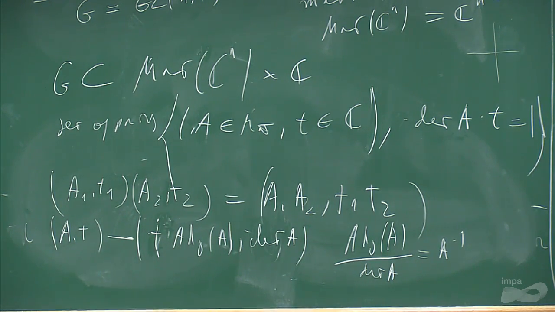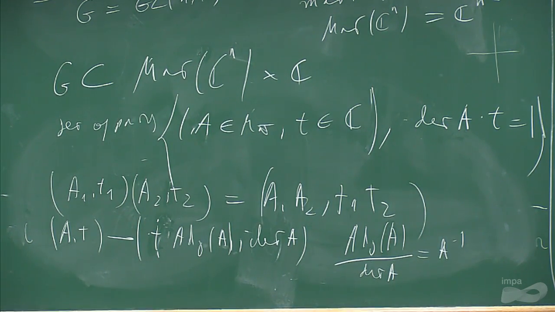This is something I would use today. So if I have a subset, the Zariski closure is a minimal Zariski closed set containing this subset. So it's a minimal affine variety containing this subset. And then Zariski dense is something which is not contained in any proper variety.